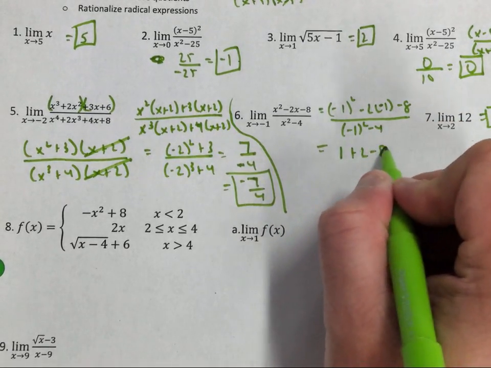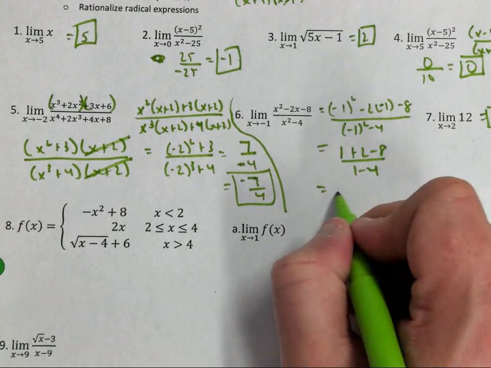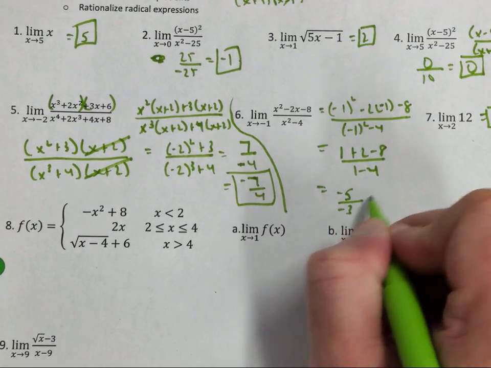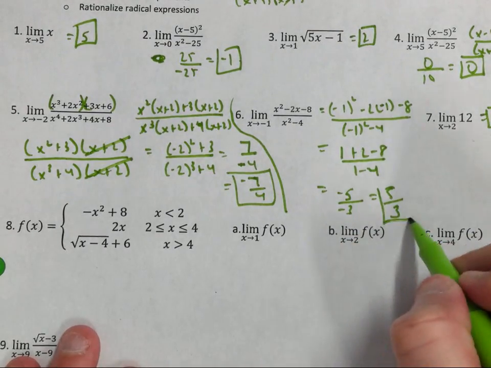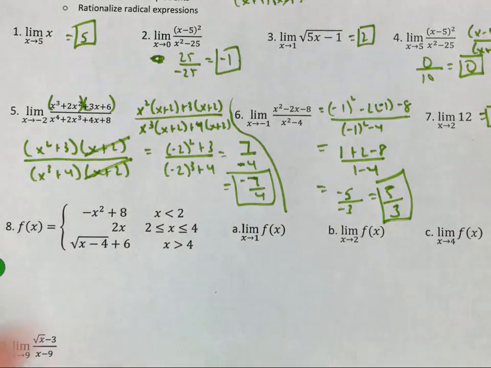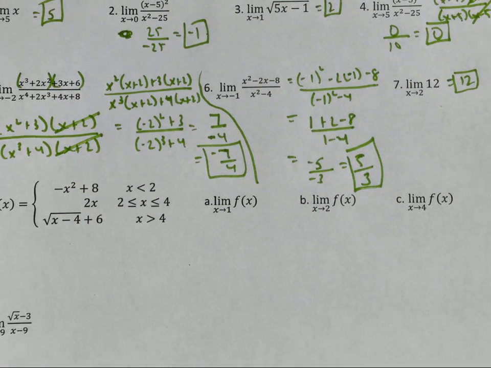That's plus 2 minus 8 over 1 minus 4. That gives me negative 5 over negative 3, which is equal to 5/3. That's the value it's approaching at negative 1. That's not bad, is it?